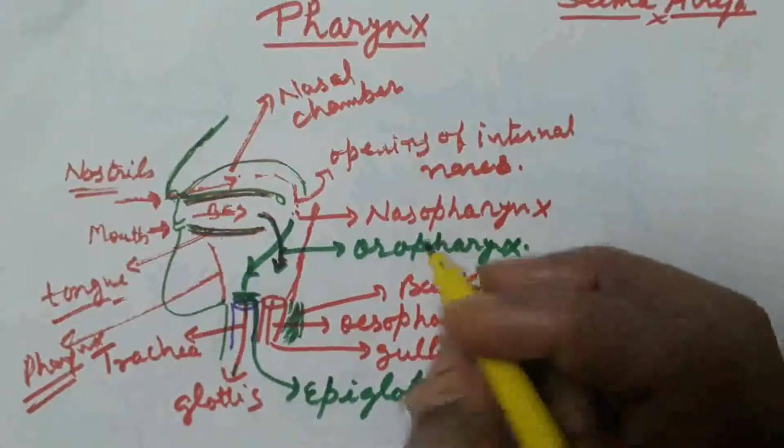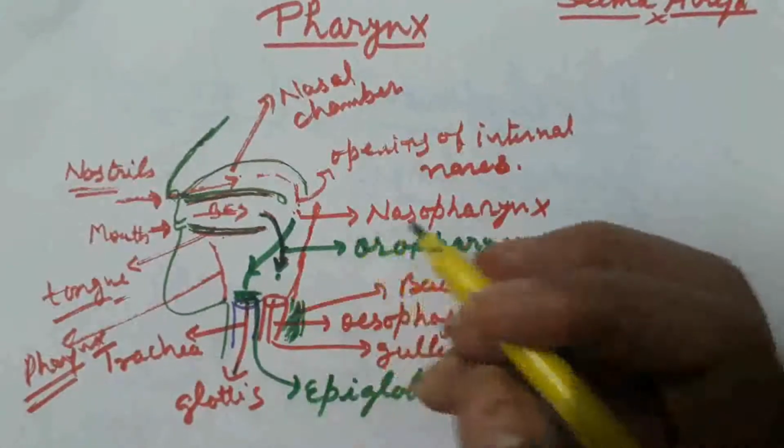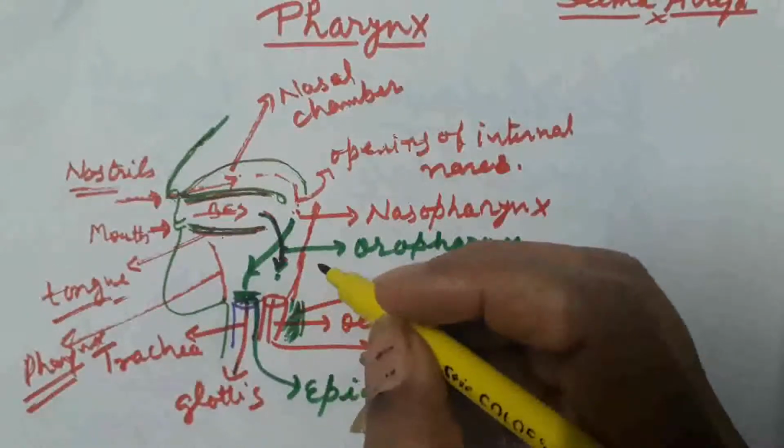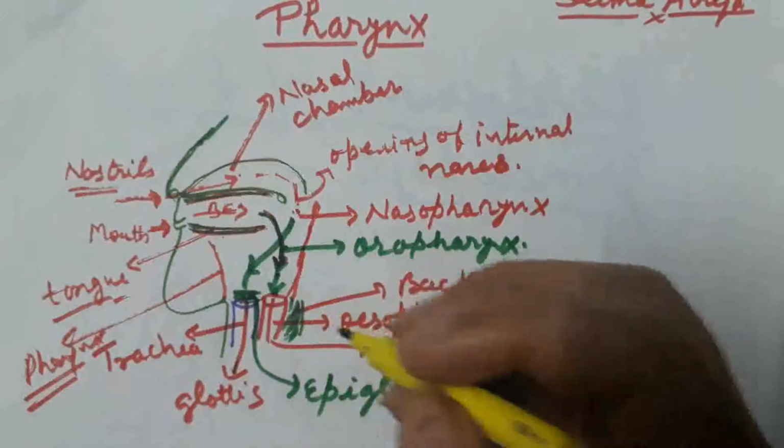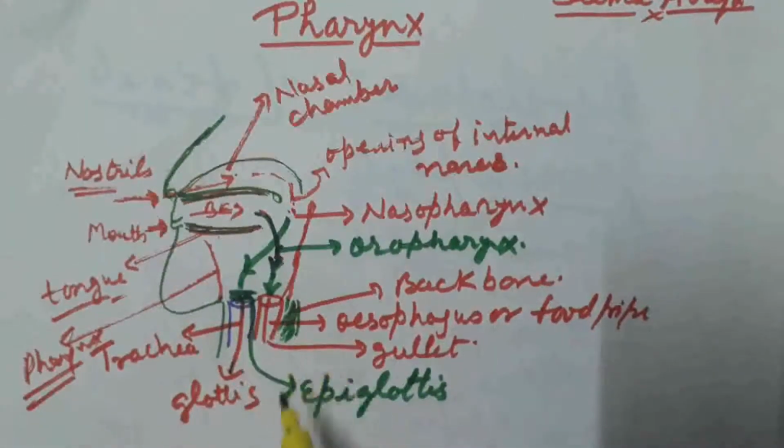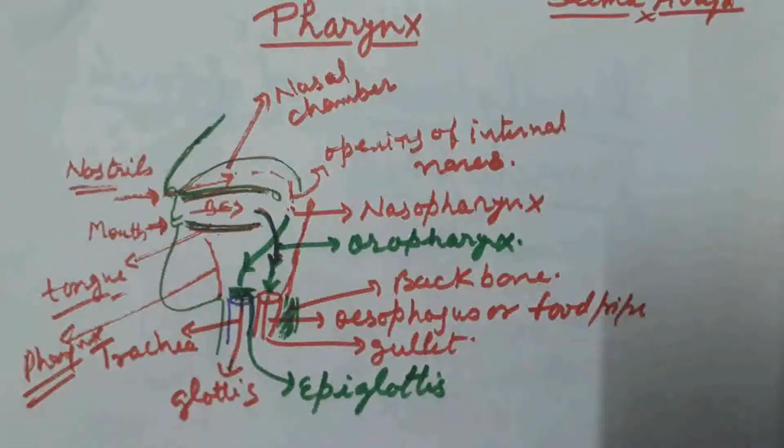Then from the oropharynx, food enters through the gullet into the food pipe, that is the esophagus.